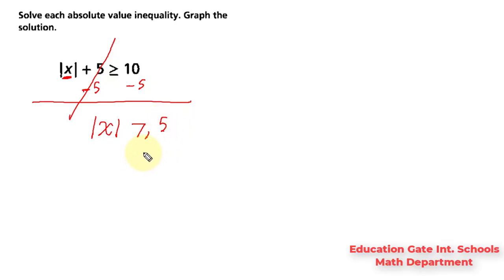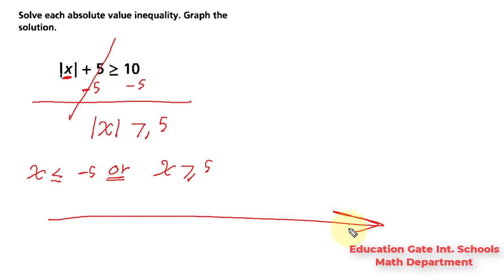Now ask yourself, we have greater than or equal, so you have to use or. What are the two inequalities? One of them is the same inequality, x is greater than or equal 5. The other is x less than or equal negative 5. So we solved the inequality, just graph the solution.